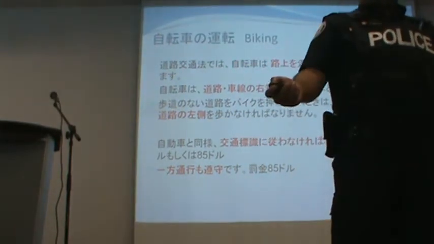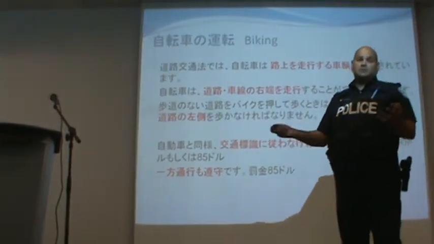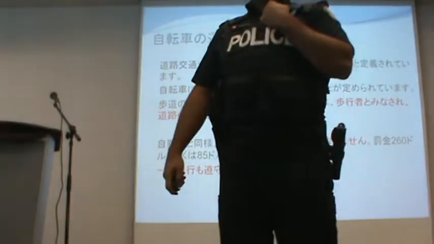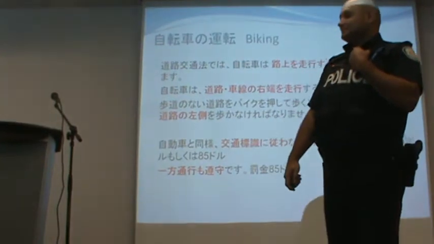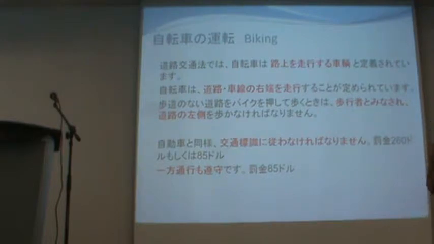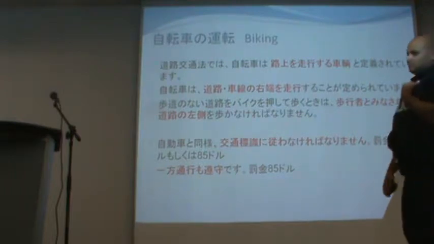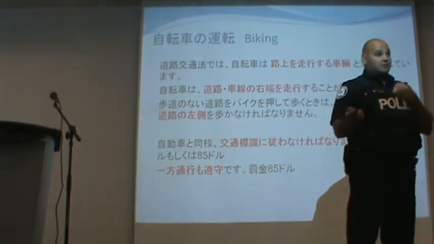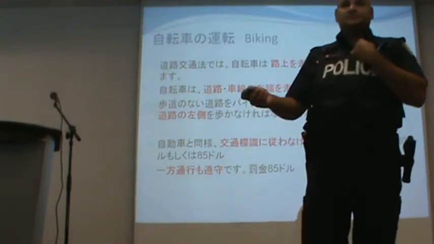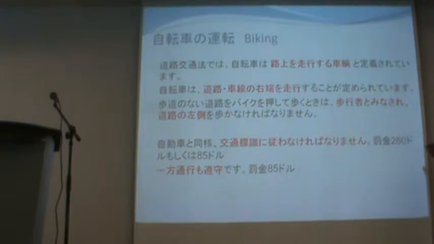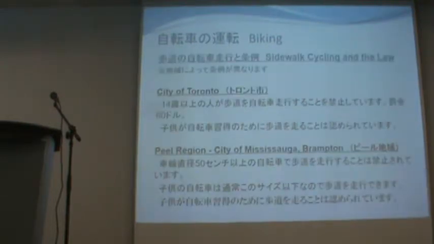The only things that don't apply are speeding, and you don't get arrested for riding drunk on your bike. You're not allowed to ride on the sidewalk unless you're under 14 years of age.